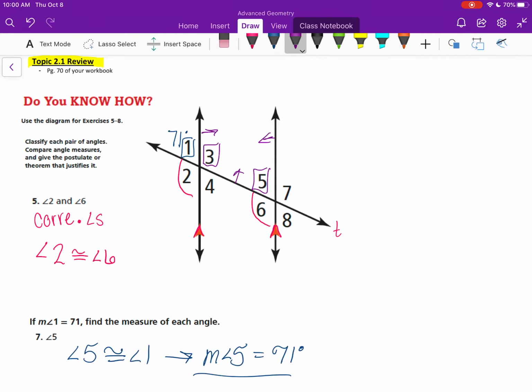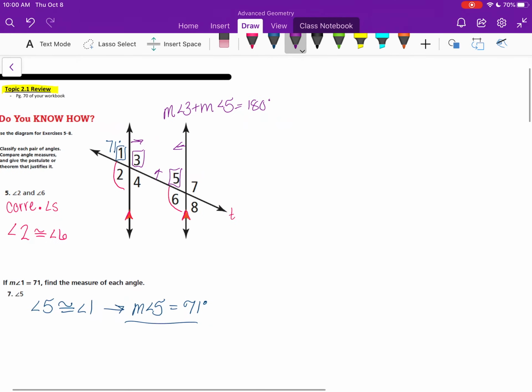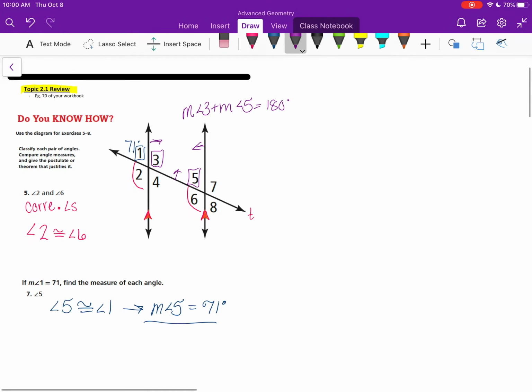So we learned that same side interior angles add up to 180 degrees. So the measure of angle 3 plus the measure of angle 5 equals 180 degrees. And that's just a quick review of 2.1. That was all of our angle relationships. Review all 4 of those angle relationships.